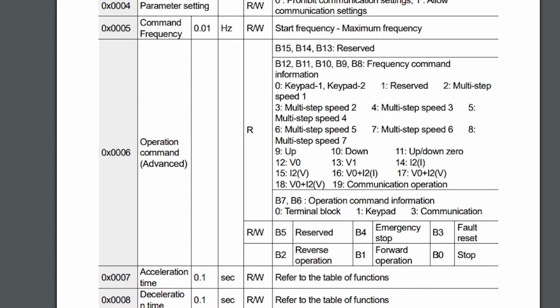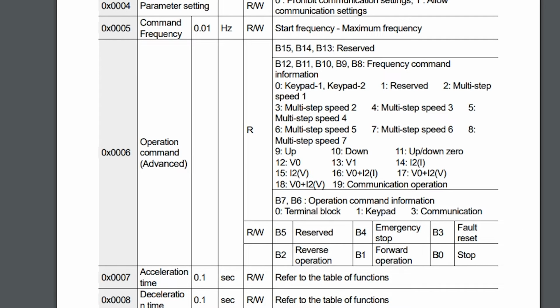If you do an e-stop when you're running a big inductive load like a fan or something, it's a very, very quick way to atomize your VFD. So that's just something to bear in mind. So don't mess around with this unless you've linked up your braking resistors and you've done all your calculations for your energy dissipation. But like I say, we're only going to be concerned with these first three bits.